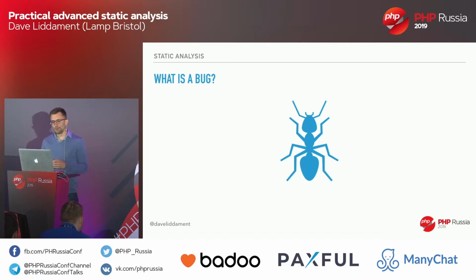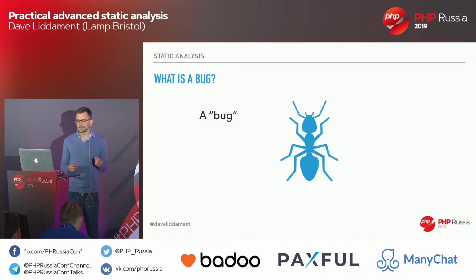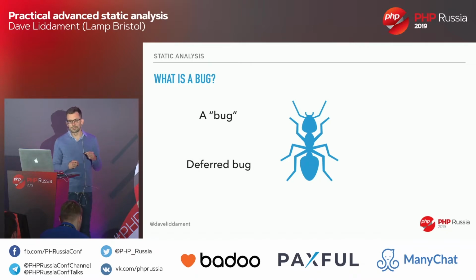So I'm going to say there's 4 kinds of issues that Psalm, all of these tools find. You can categorize them in 4 ways. The first is genuine bugs. This is code that if you ran the code, you would get an exception. Something would go wrong. Then you've got something which I'm calling a deferred bug.